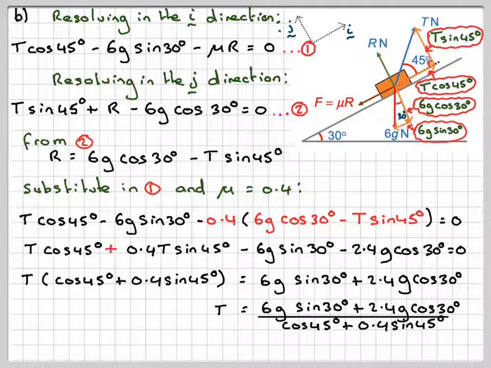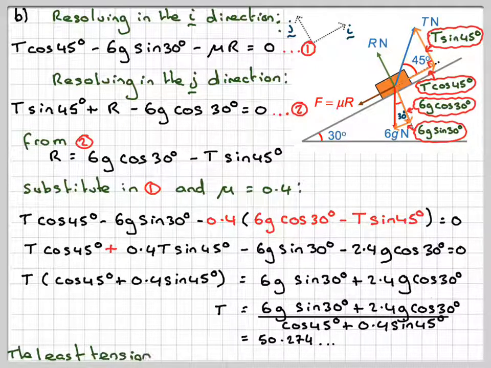Now, using the fraction button on our calculator, taking g to be 9.8 meters per second squared, you get a tension equal to 50.274 newtons. So the least tension required is going to be 50.3 newtons.